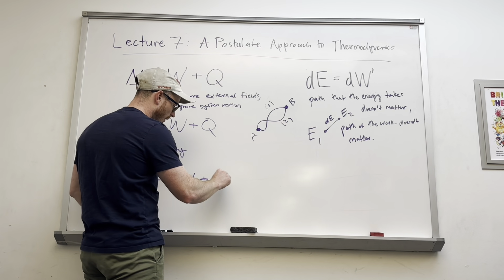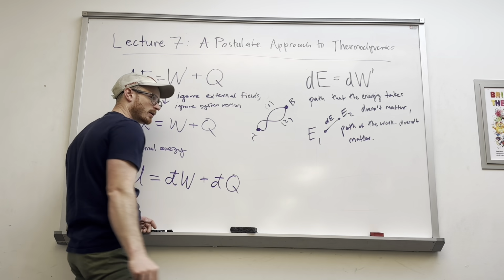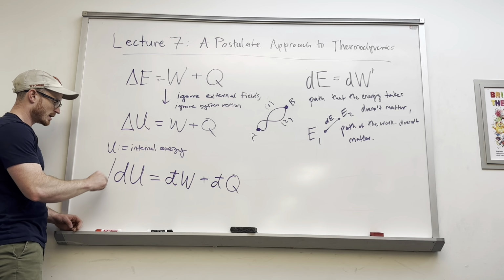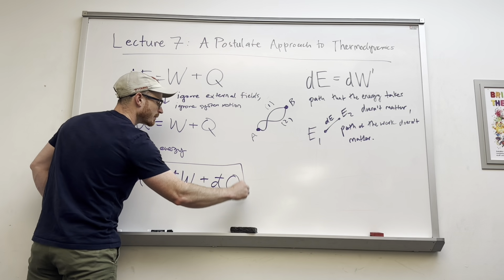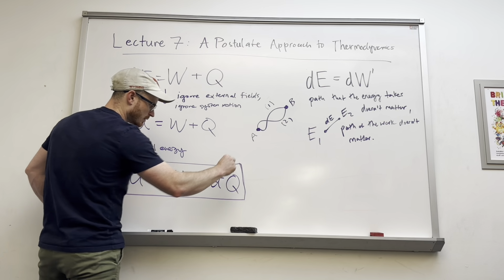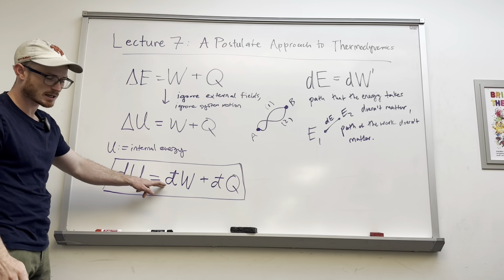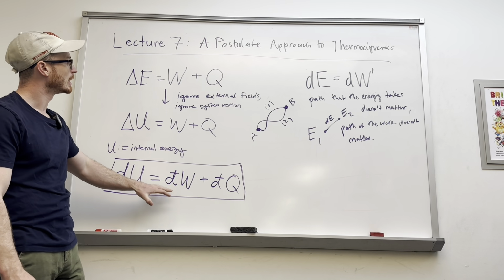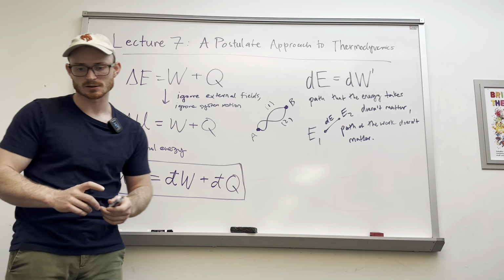Plus d̄Q. This is the differential first law of thermodynamics. And it may seem pedantic to keep track of this, but conceptually it allows us to remember what we're doing when we make these thermodynamic assumptions.